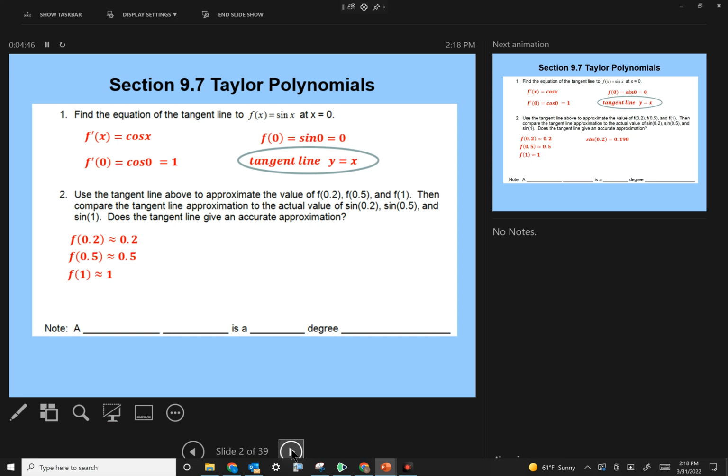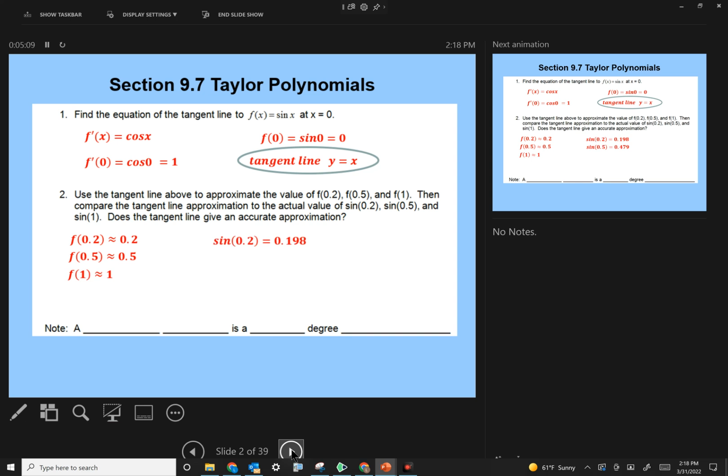Okay, then it says, compare the tangent line approximation to the actual value. Okay, calculator people. So what is the sine of 0.2 on your calculator? Everybody's in radian mode, right? What is the sine of 0.2? Anybody getting 0.198?